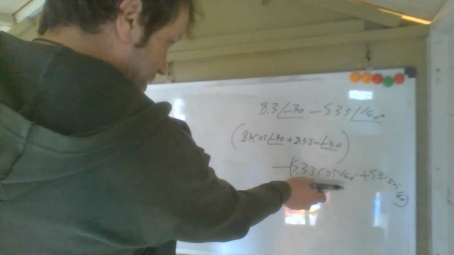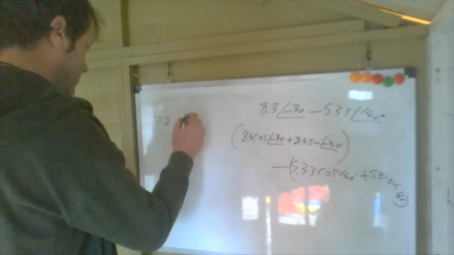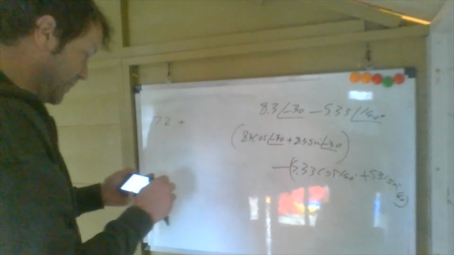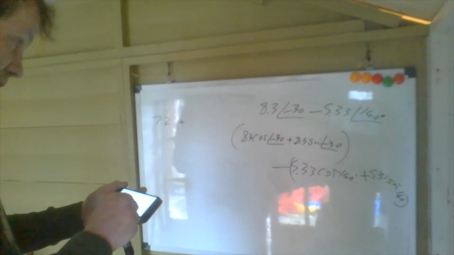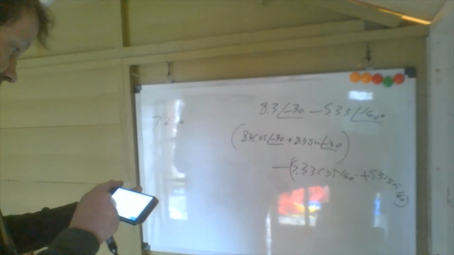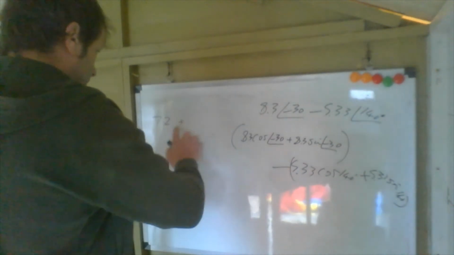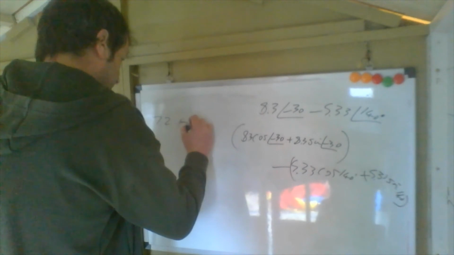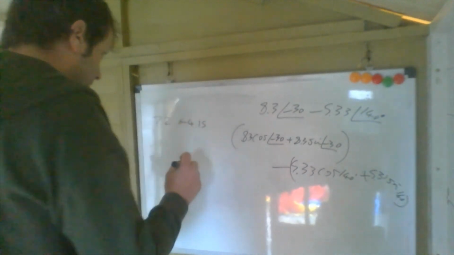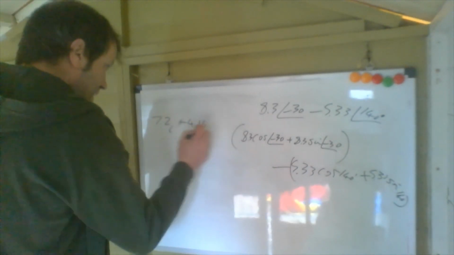Right, I could just do this one and add this one. 8.3 sine minus 30, that's minus 4.15 j.